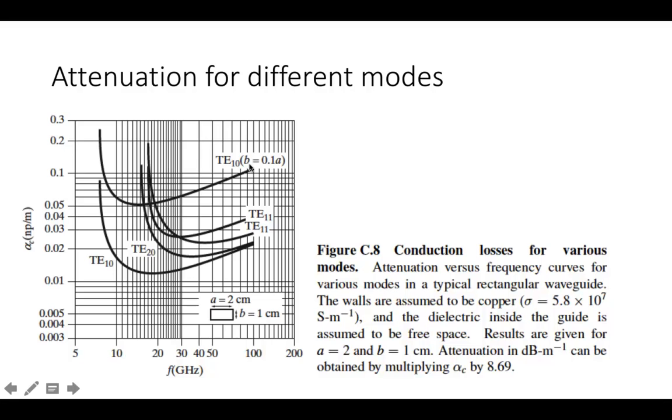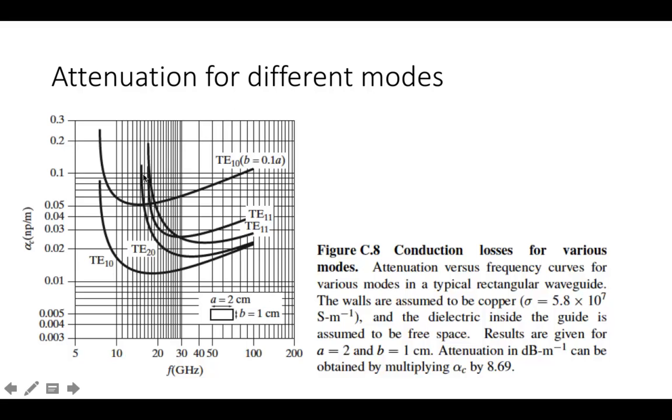So this is an argument for the design rule of thumb for why you want your A over B to be roughly 2, because that balances out these attenuation losses that get a lot higher when A gets significantly greater than B. That's simply because you have more conductor there in the plane where you have more surface current.